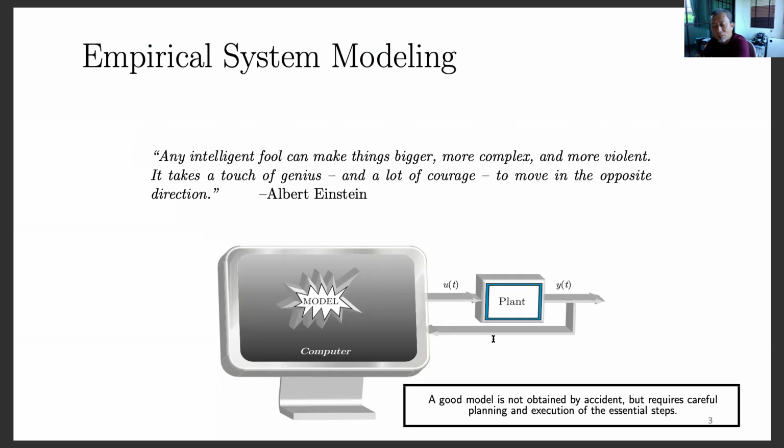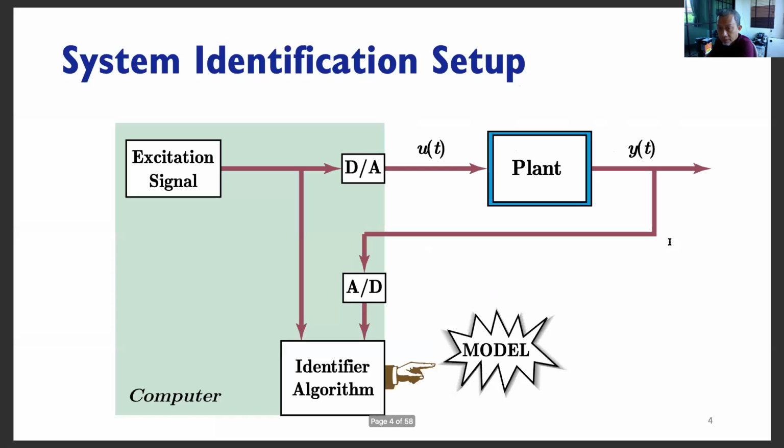A good model is not obtained by accident, but requires careful planning and execution of the essential steps. So the steps must be correct and must follow the standard procedure: what to do first, what to do next, and so on. That's why we do the setup for the system ID. You must have the excitation signals.